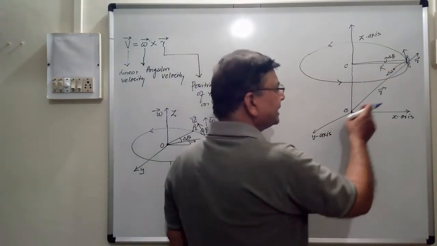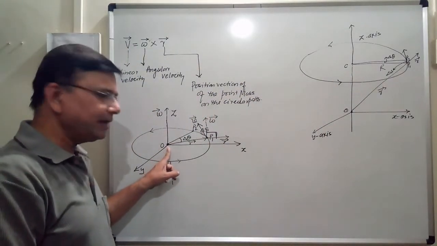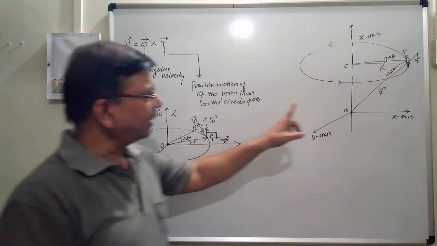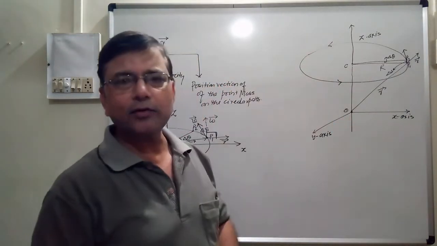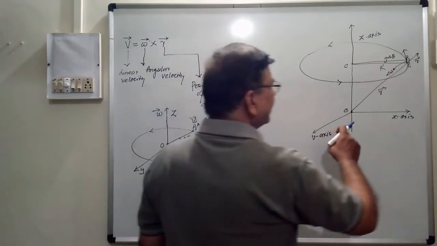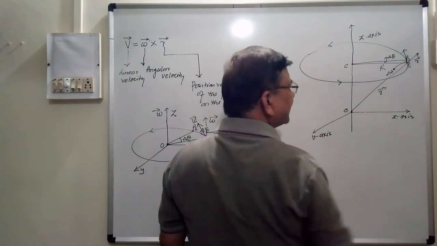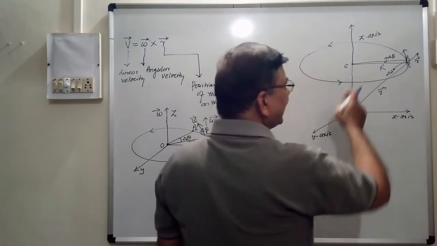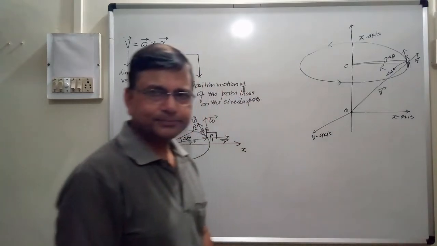The position vector is now this. Previously, the position vector was from here, as the origin was at the center. Now, I have changed the origin along the axis of rotation, right? Now, this is R. Suppose the center of the circular path is over here, that is C, and the radius of this circular path is capital R, right?